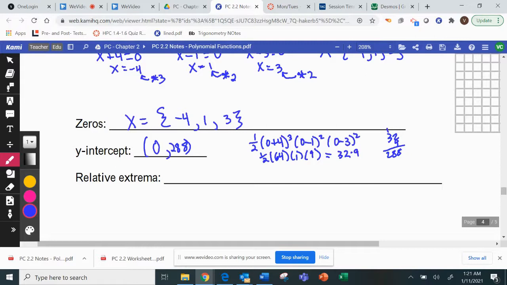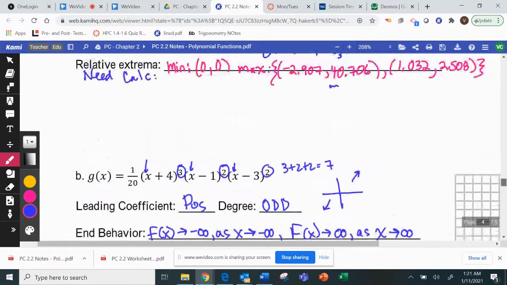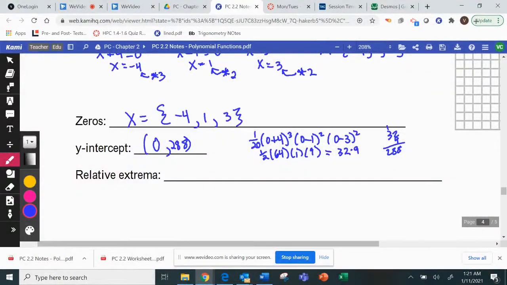It's 1/20th, right? I don't think I copied it right. It's 1/20th. I forgot to multiply this by the 1/20th. That's still not the right answer.